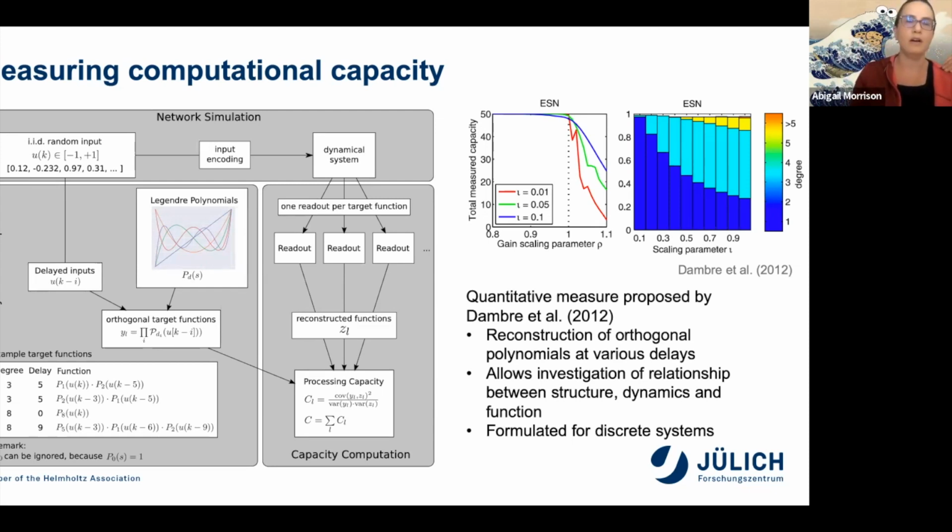So we can build up. Here are some examples at the bottom here. So we can say we want a target function which has a maximum degree of 3, and a delay of 5. And one way of doing that would be having the polynomial of degree 1 undelayed times the polynomial of degree 2 with a delay of 5.